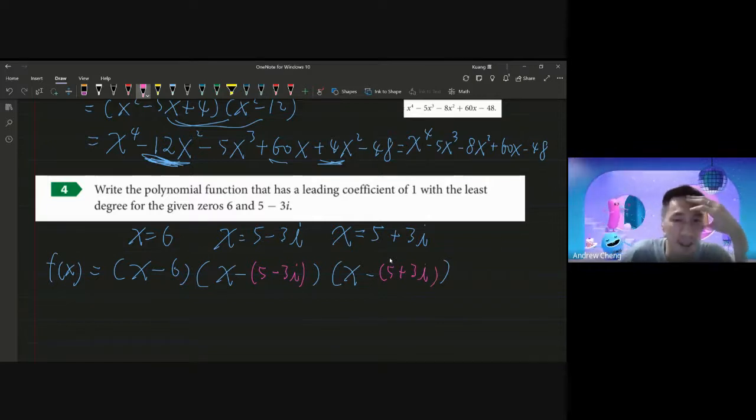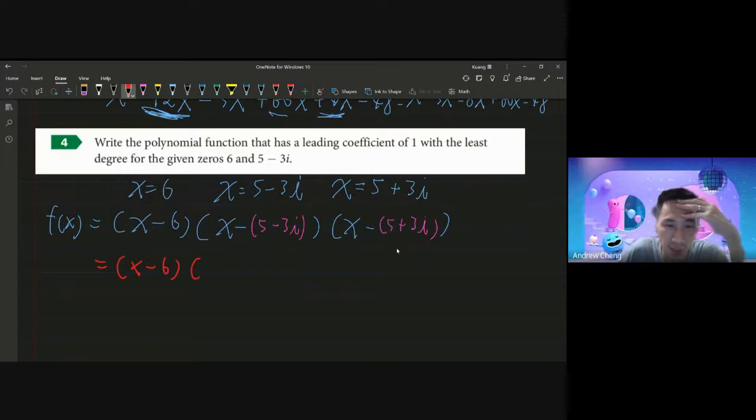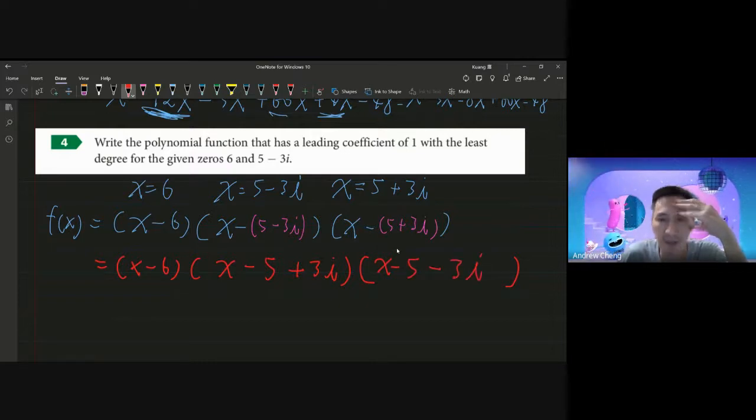Then I remove the parentheses. This one becomes x minus 5, and negative negative becomes positive, positive 3i. And then again, negative positive becomes negative, so x minus 5 minus 3i.